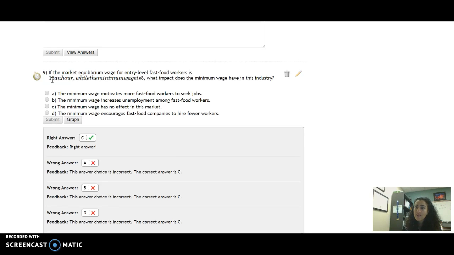The law is irrelevant, because the equilibrium is above the minimum wage. So why even spend time coming up with a minimum wage which is not effective? So the correct answer is C. Minimum wage has no effect in this market because the equilibrium price is already above the minimum wage.